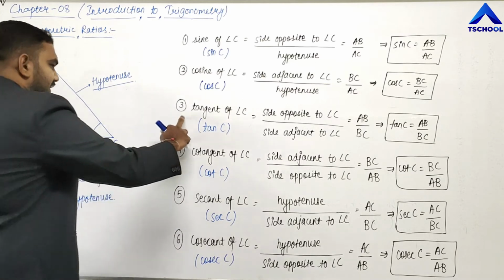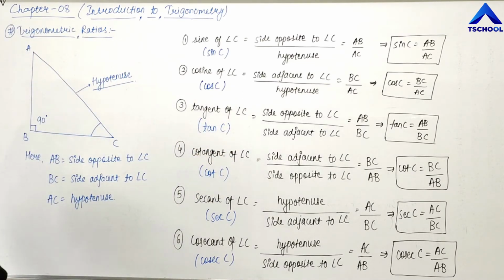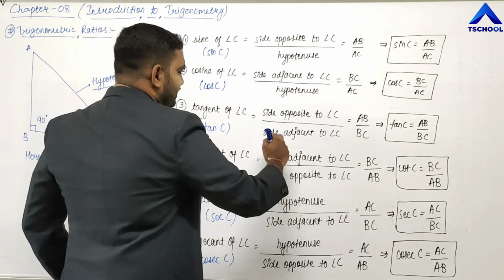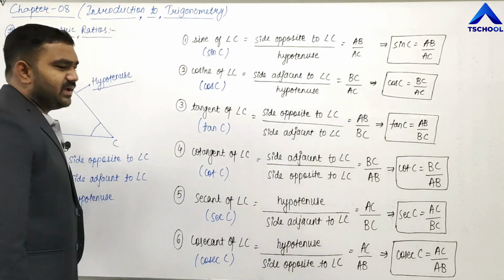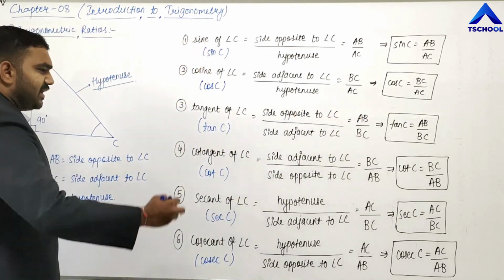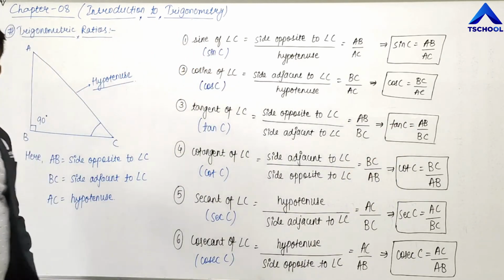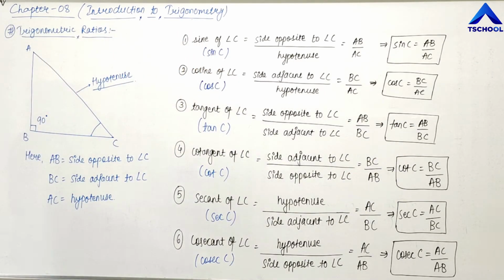The third one, tangent of angle C, that is tan C, is written as side opposite to angle C upon side adjacent to angle C, that is AB upon BC from the figure. So directly we can write it down like tan C is equal to AB upon BC. Okay.